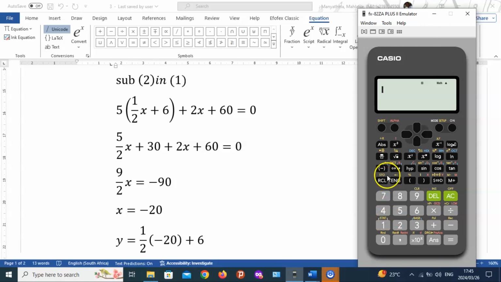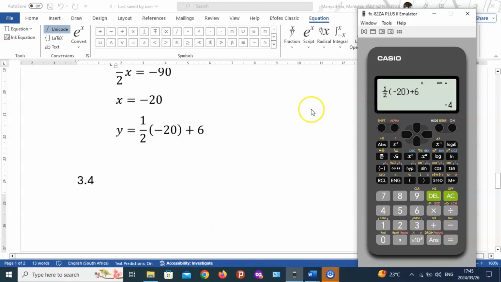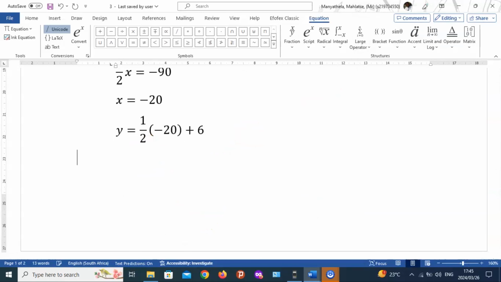Okay, 1 over 2 x plus 6, which is negative 4. And the value of y is equal to negative 4. So the coordinates of S is negative 20, negative 4.